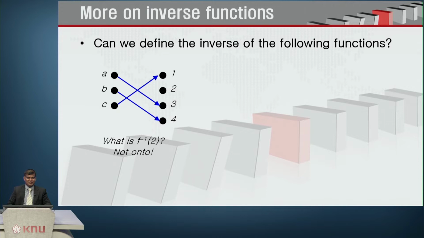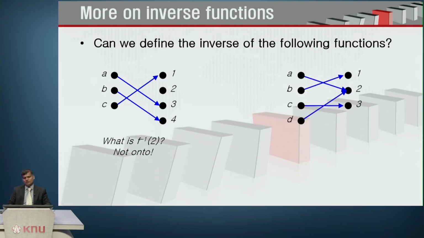Yes, this function is not an onto function because 2 does not have a pre-image. Or consider this one. What is the f inverse of 2? Yes, this is not a one-to-one function. So how are we going to decide?